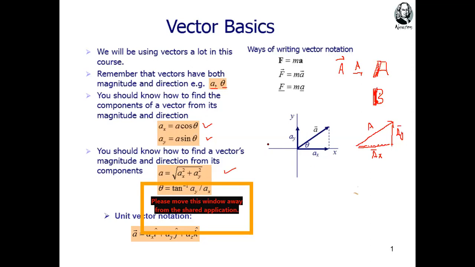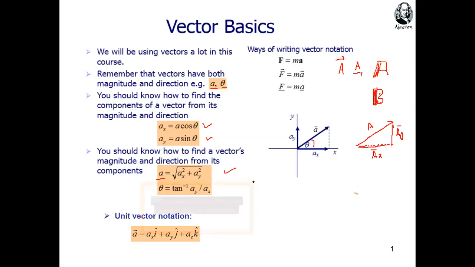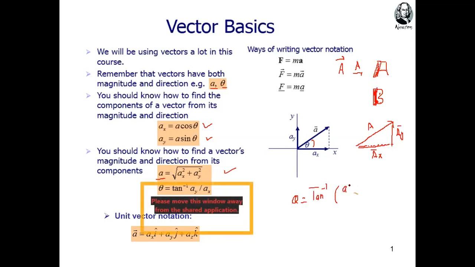Same, if you want to find the angle, we use the formula: theta is equal to tangent inverse of Ay component divided by Ax component. Correct? So this one is for finding the angle, for example the angle the vector makes with the x-axis. Always our angle will start from the x-axis.